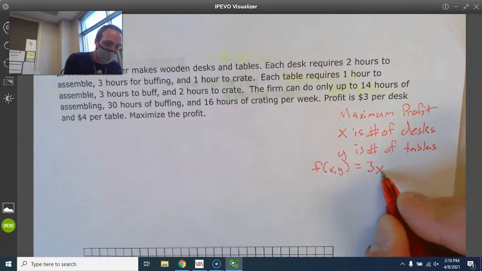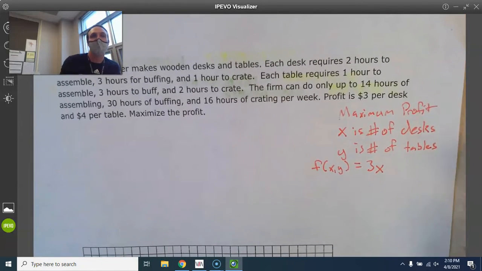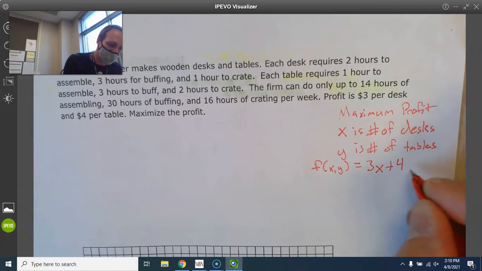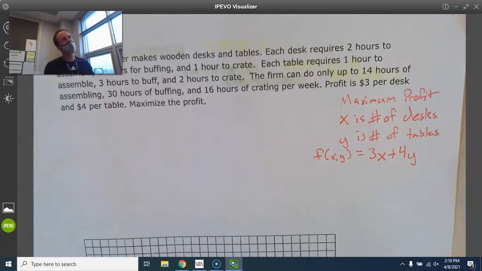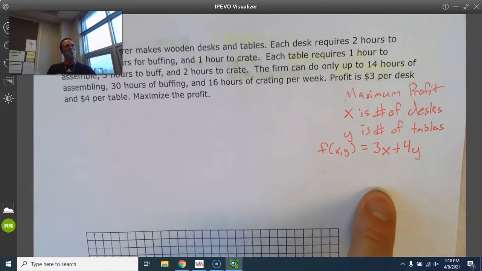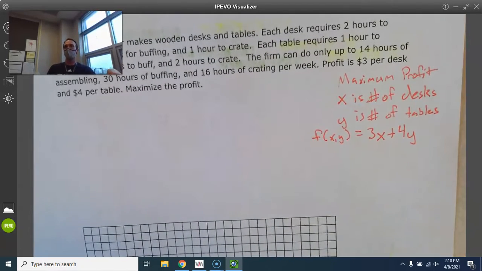So that's going to be $3 per desk plus $4 per table. So this equation for maximizing actually incentivizes us to make more tables than desks if I have the exact same options on both. We don't need to do anything with this yet. We just need to know that when we get finished with our critical points, that's what we're going to use.